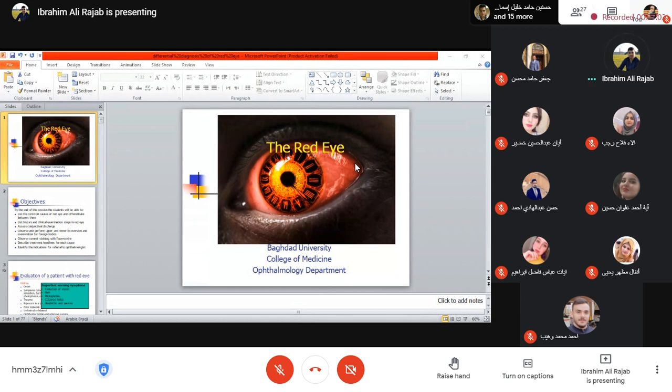All these with red eye may indicate corneal problem, for example, corneal erosion or keratitis, or inflammation of the cornea.